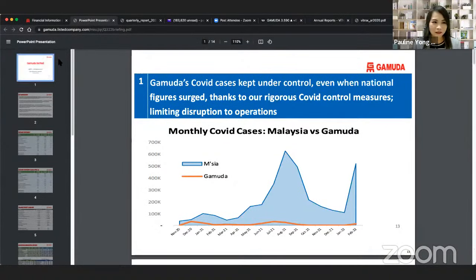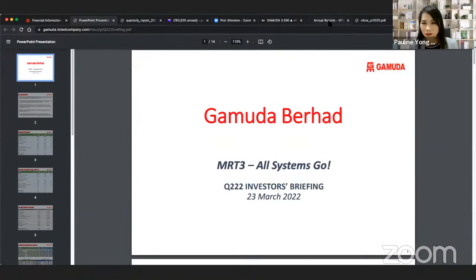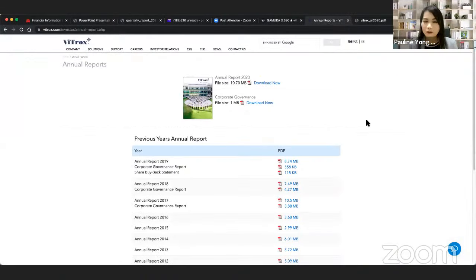Now I'm going to show you another one, which is this VTROX. Also not for stock recommendation. It's just that I want to show you why sometimes when you are looking for annual reports, you probably have to wait for a long time.